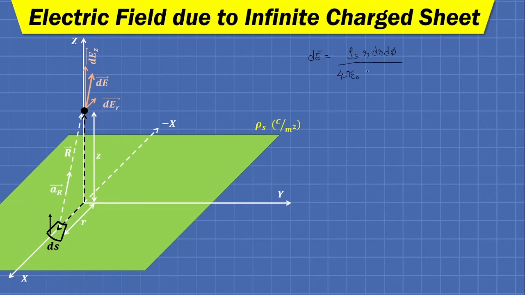Now the magnitude of the distance vector square, so we can write under root r square plus z square whole square, and the unit vector along the direction of the distance vector can be written as negative r ar bar plus z az bar whole divided by under root r square plus z square.